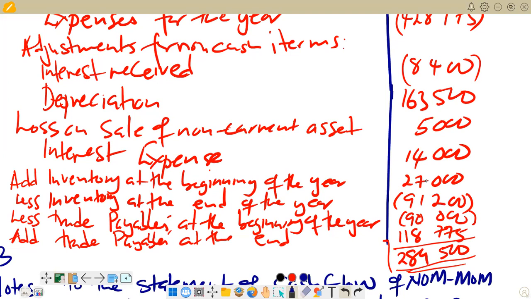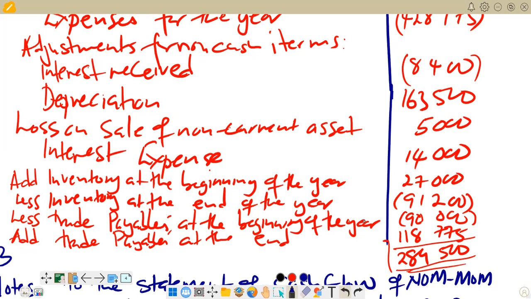So inventory at the beginning represents the inventory that we had. For this instance, we had 27,000 at the beginning. Then it increased to 91,200 at the end. So it means we paid money to suppliers, which is 91,200 minus this one. We also adjust for payables, because payables represent those businesses that we owe money to.